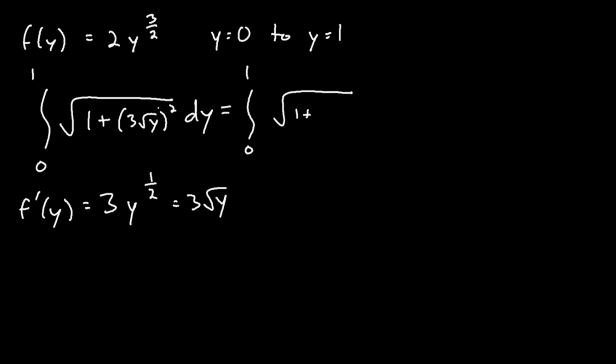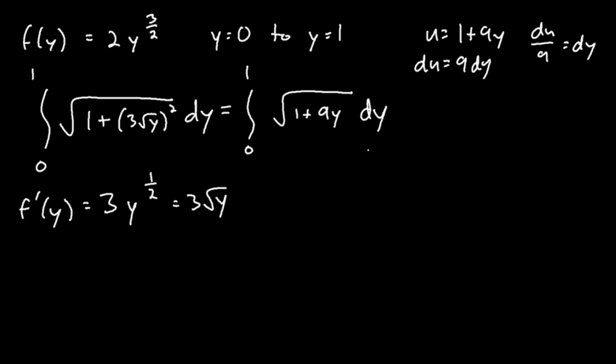And if we simplify this integral, we get the square root of 1 plus 9y, dy. So let's use a little bit of u sub to solve for the rest of this. du is equal to 9 dy, therefore du over 9 is equal to dy. So if we set this integral in terms of u, we have the square root of u times du over 9.